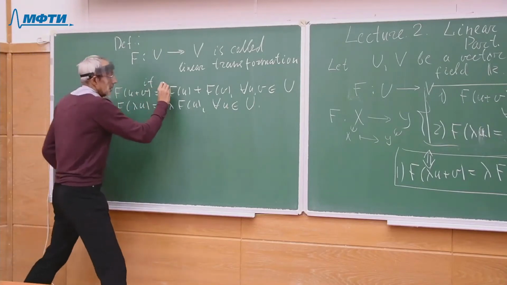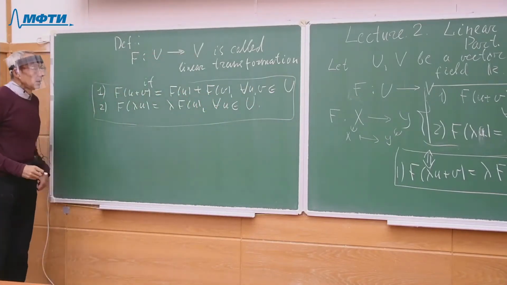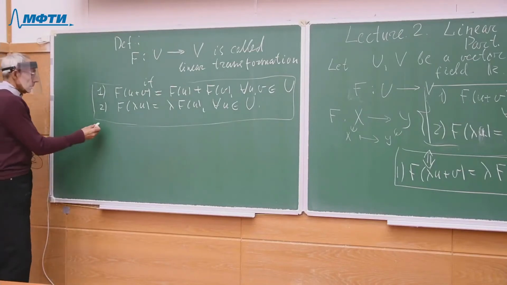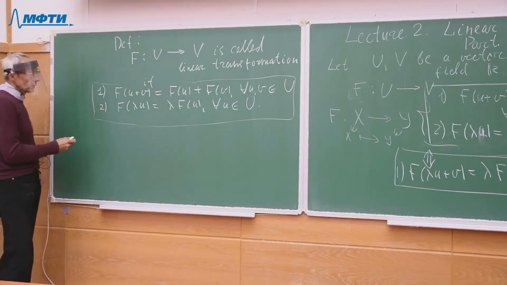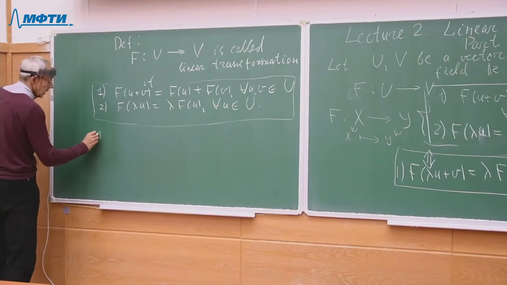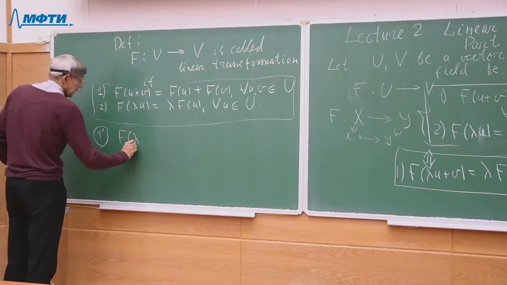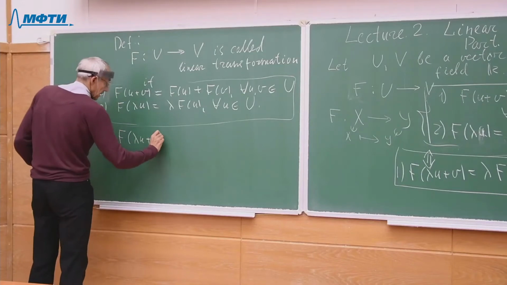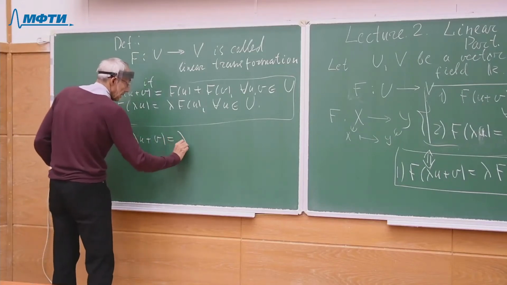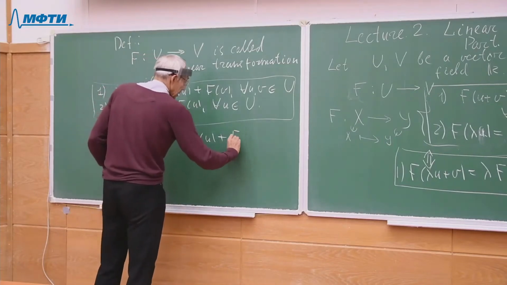And you can note that these two properties are equivalent to one property, 1 prime: F(lambda u plus v) is equal to lambda F(u) plus F(v).